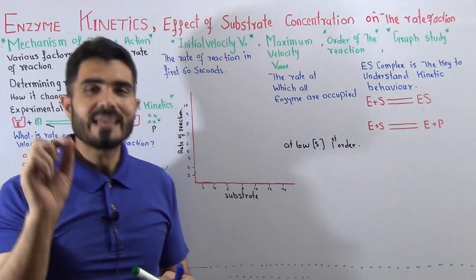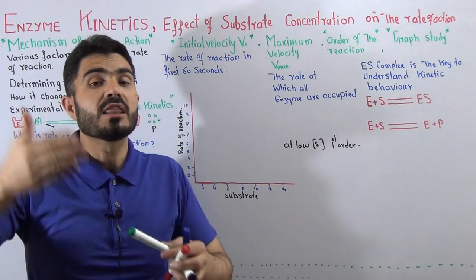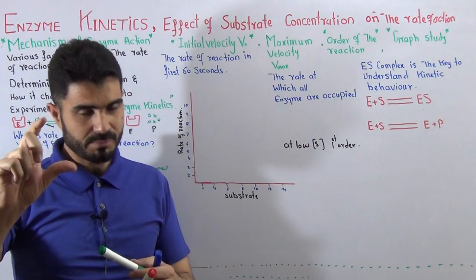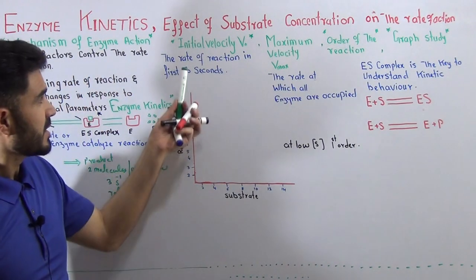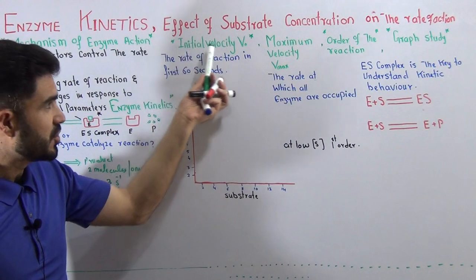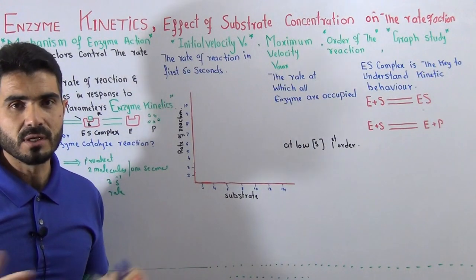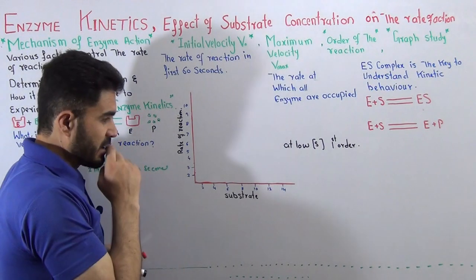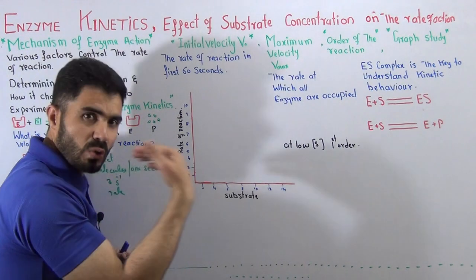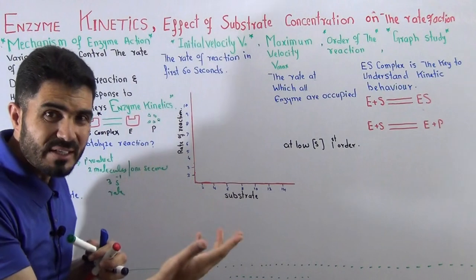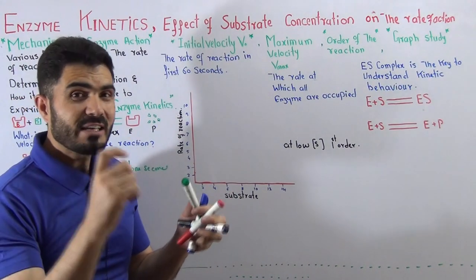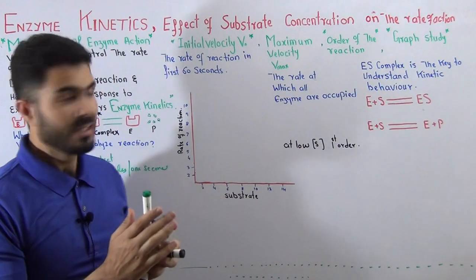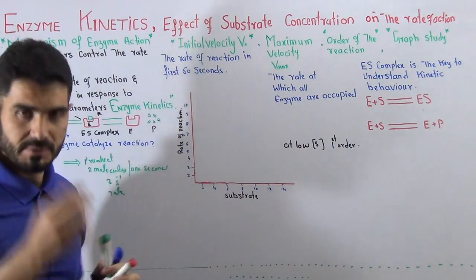If you check the rate of reaction in the first 60 seconds, the first minute, this rate will be called initial velocity or initial rate. So you should not go into the second or third minute. Whatever reaction rate an enzyme has in the first minute will be called initial velocity.